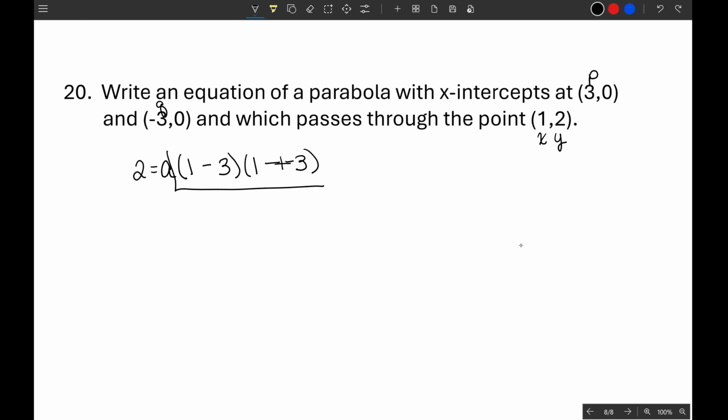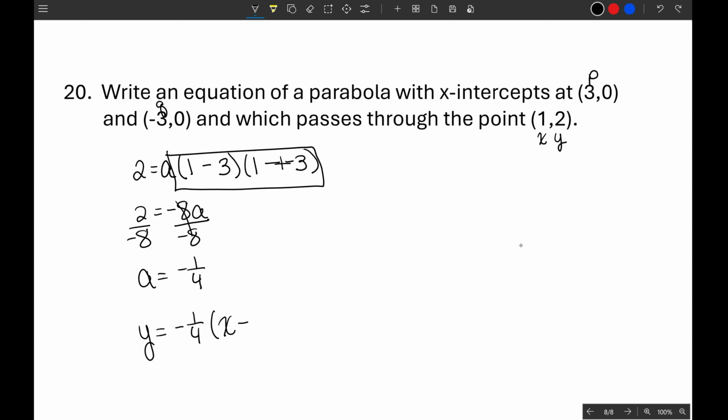So 1 minus 3 times 1 plus 3 ends up being negative 8. So I have negative 8 times a, divide by negative 8, reduce that, and a is negative 1/4. So I have y equals negative 1/4 times x minus p is 3 times x minus q, which is negative 3, so that's a negative 3, which will be positive, and then I have my equation.